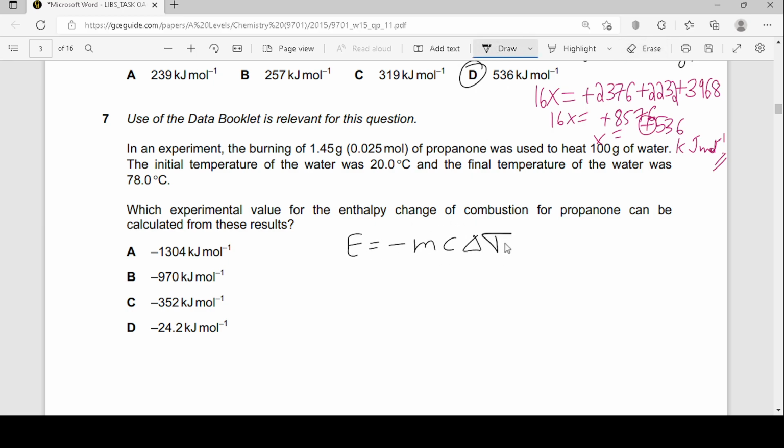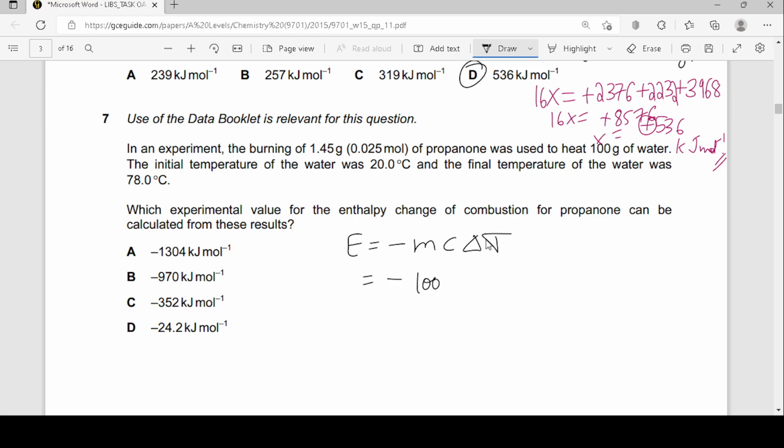Over here your mass should be your mass of water, so minus 100 into what is my c value. I'll just get it from the data booklet, because I don't know how many significant figures to take it as, but the data booklet has that. According to the data booklet, it is, where is it?